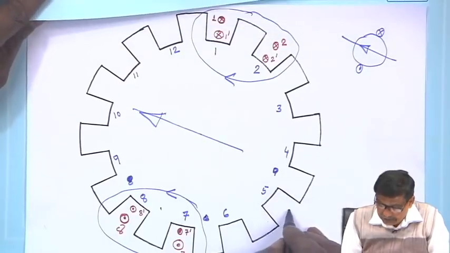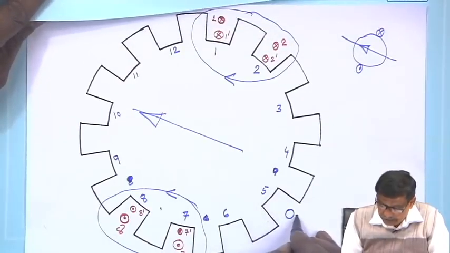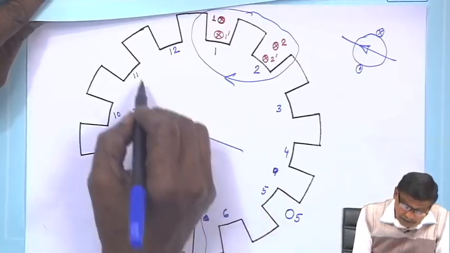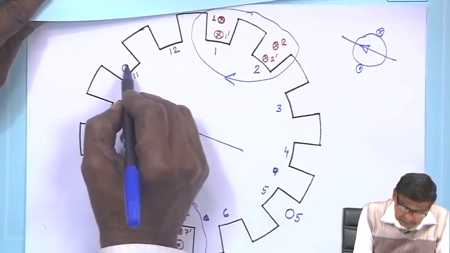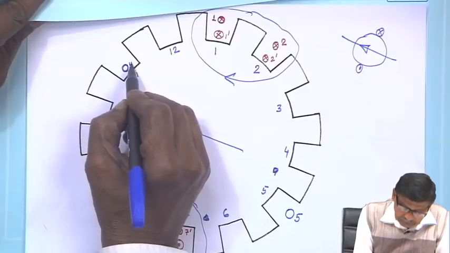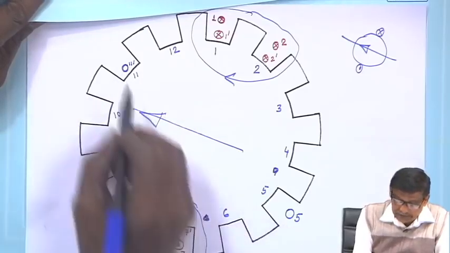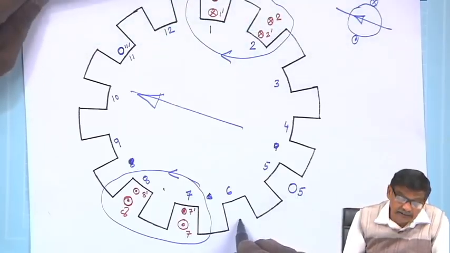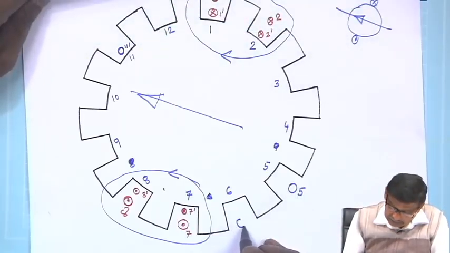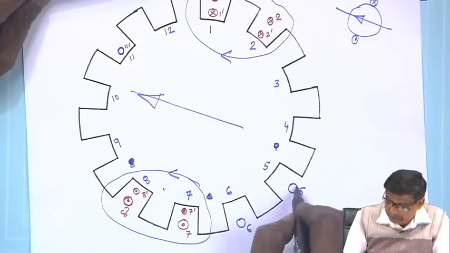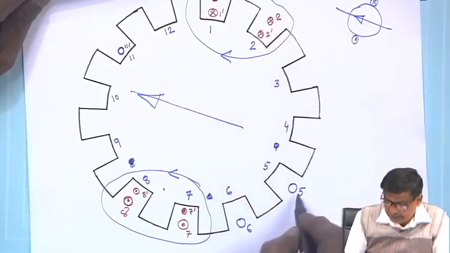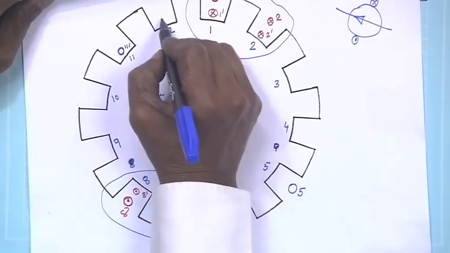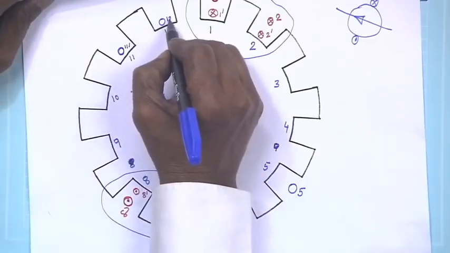So, Y phase first coil will be this 5, and its return will obviously be 11 dashed. This is the first coil. Then the second coil is 6 and 12 dashed. So, 6, upper coil sides are numbered without prime, and its return will be 12 dashed.